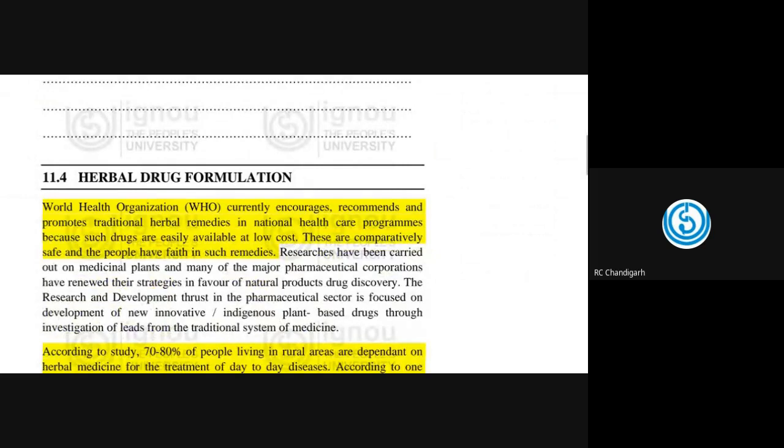Then herbal drug formulations. WHO, or World Health Organization, currently encourages, recommends, and promotes traditional herbal remedies in national healthcare programs because such drugs are easily available at low cost. These are comparatively safe and people have faith in such remedies.